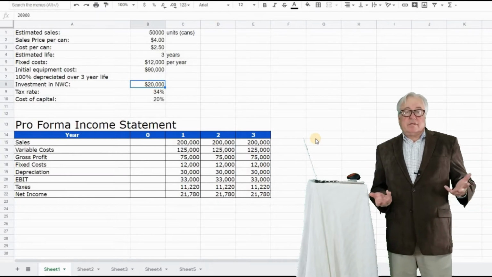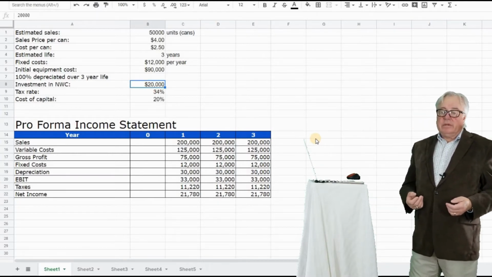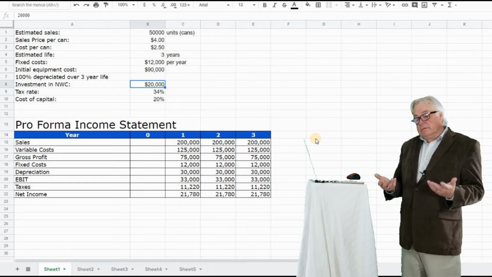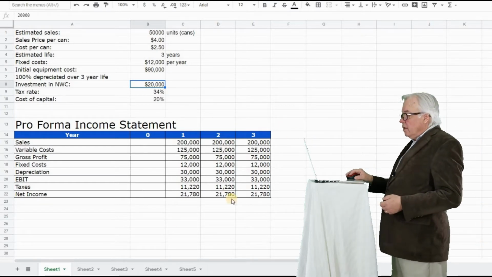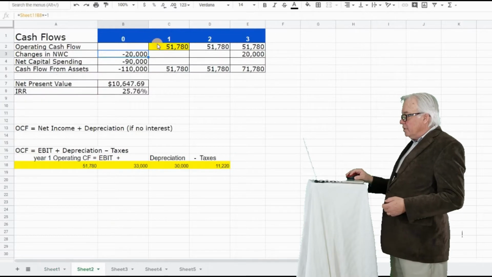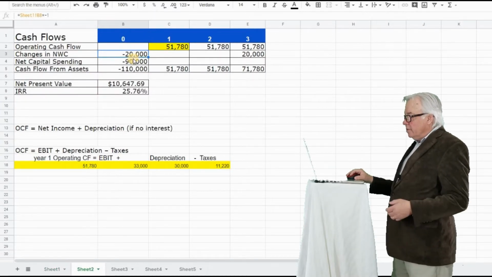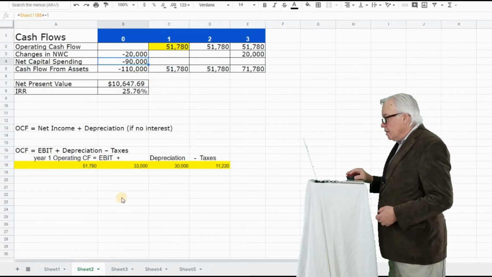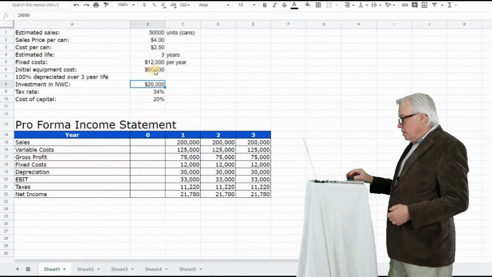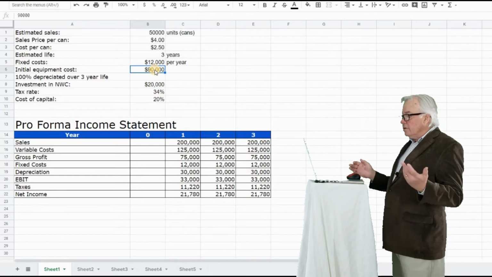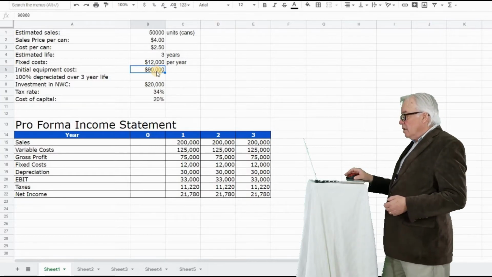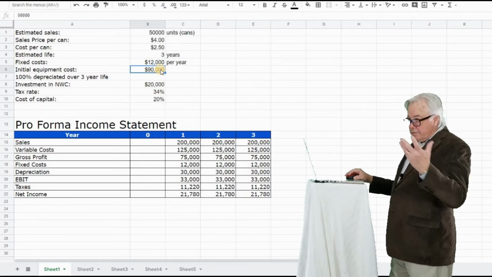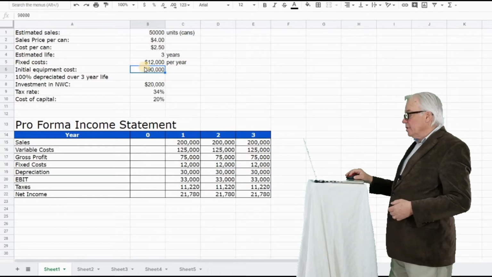That's the only change that's going to happen in net working capital. I'm not going to have that money, right? In this case, we just multiply it by -1 to come up with a negative. The net capital spending in this case is B6. So I have the initial equipment cost. Again, if I do this project, I'm going to be shelling out $90,000.